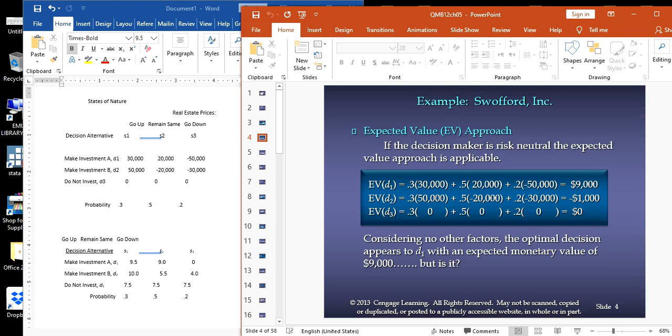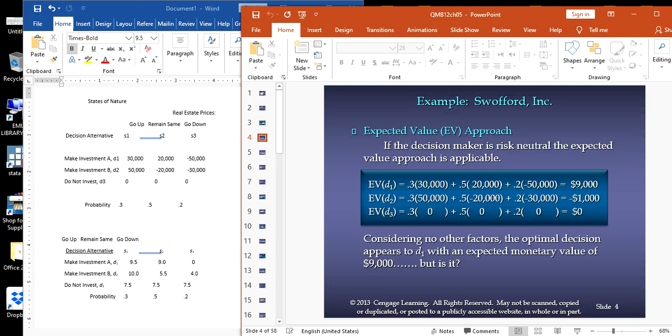For the second investment B, which we can see here, expected value is minus 1,000. And to not invest, okay, we don't lose anything, but we don't gain anything.